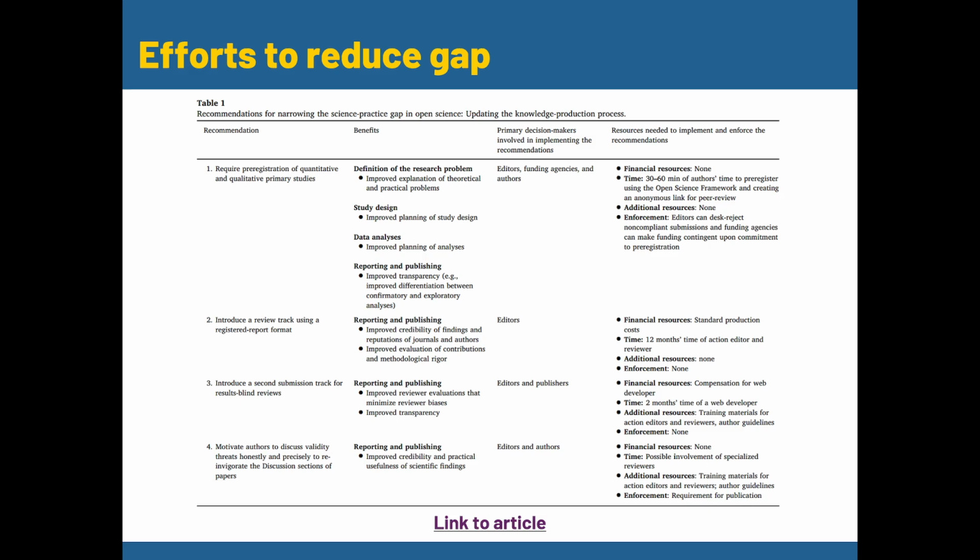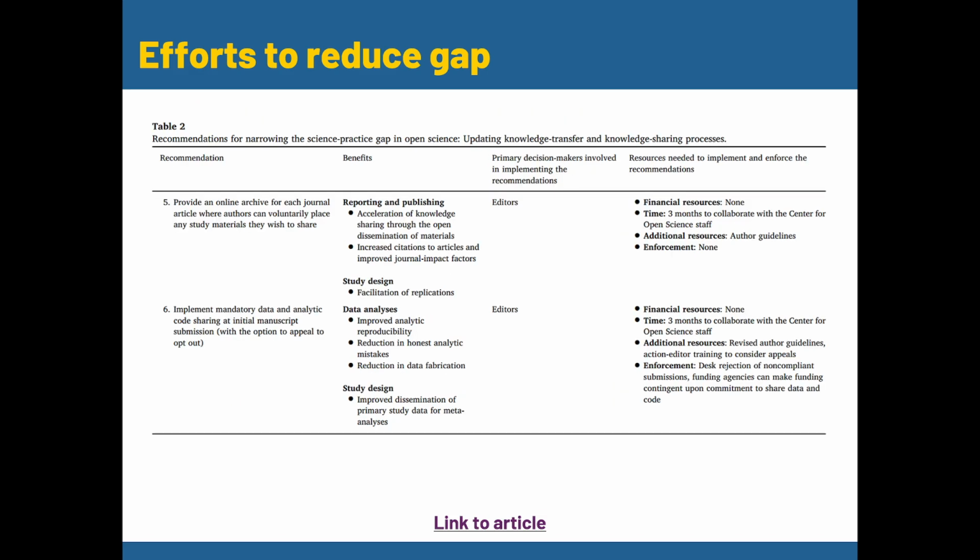And so one way to try to skirt around that issue is to require pre-registration. So basically, you would submit a proposal for some sort of study, and then if the journal accepted that, they would publish the results no matter what the findings were. And so that's one way to try to alleviate that.